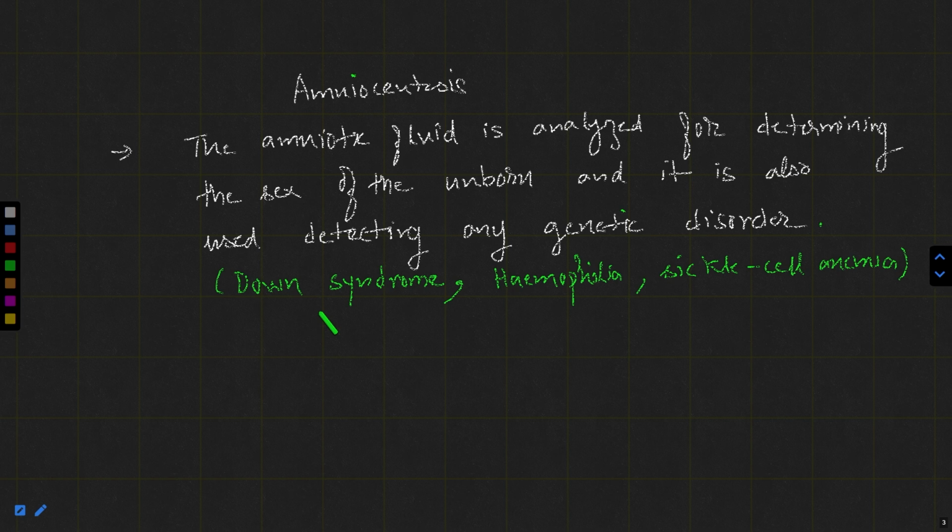So this should be banned. Amniocentesis should be banned. Clear? Or it should be checked that sex determination is not done, and couples should not go for female feticide. It can be used for determining genetic disorders, but for sex determination it should not be followed. Okay, this is clear.